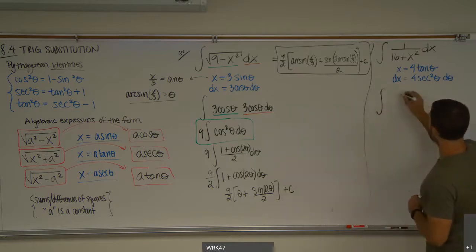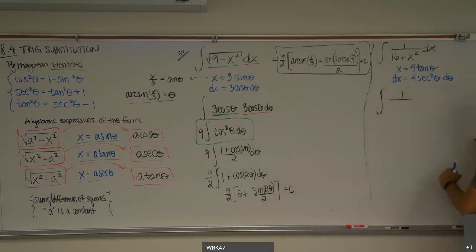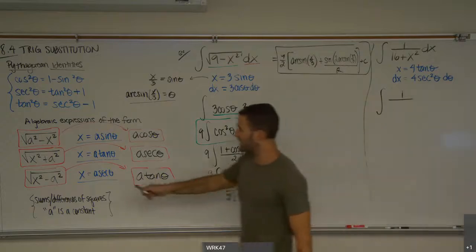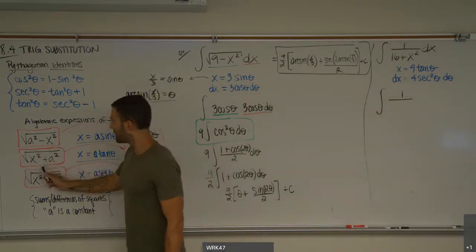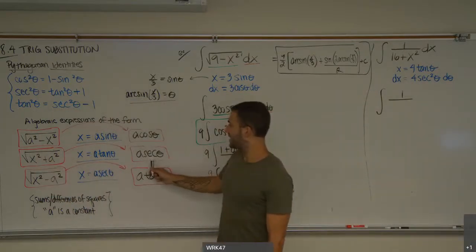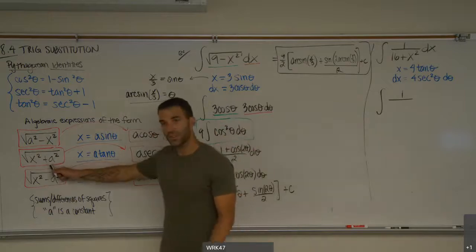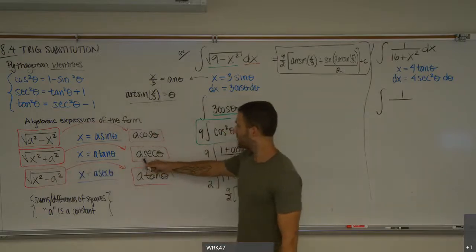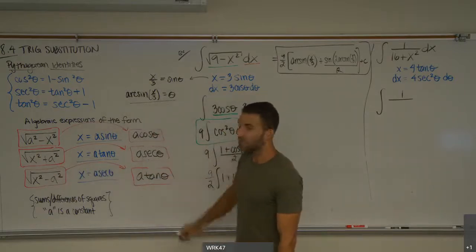What does my function become? 1 over, the whole point is an expression like this. A sum of squares becomes a secant of theta. Now, it's not under the root, so just square it, meaning that this will now become a squared secant squared.